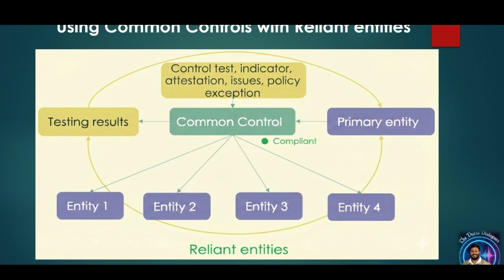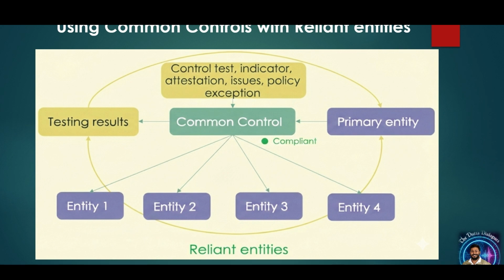So what we actually do is we mark a control as a common, and we associate reliant entities to it with this diagram. After associating it, the results of the common control tests can be inherited by the other reliant entities, especially when a new system is deployed and pre-validation audits are conducted within the organization or environment.